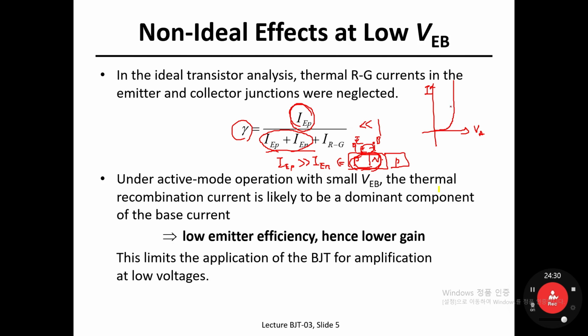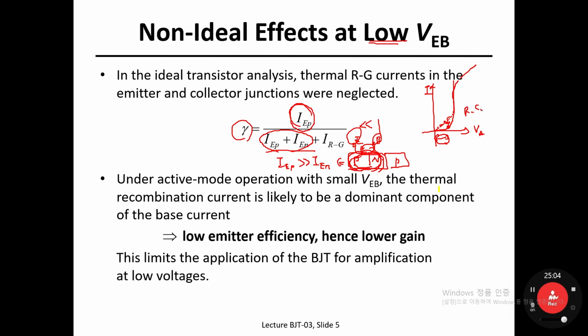This is the ideal one, but the real measured data looks like this. I'm talking about very low emitter base voltage. For a single PN diode, if you apply a very small forward bias, why does this difference happen? What is the physical origin?